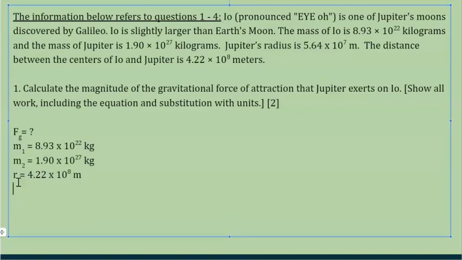The other variable in this equation that I haven't written down yet is capital G. You can find that on the front page of your reference table, 6.67 times 10 to the negative 11 newtons meters squared per kilogram squared. So this is how I've listed all of my variables. I would say pause the video here and try the substitution, and then you can see if you were correct.